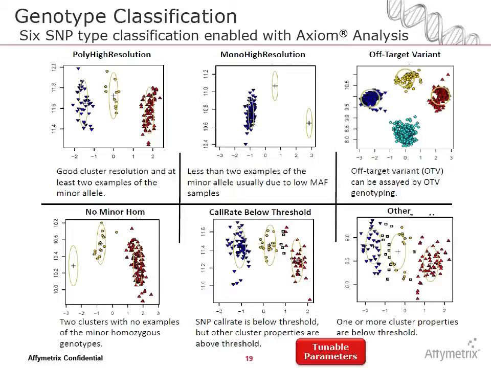Call rate below threshold is that category. You can tune those parameters and say, well, I want everything above 97 to fall into this, or I want everything under 95 to fall into this category. So it makes it very easy to break it up into the 6 categories. And then finally, the last category is the other category, where typically we show clusters that are not well resolved even by the eye.